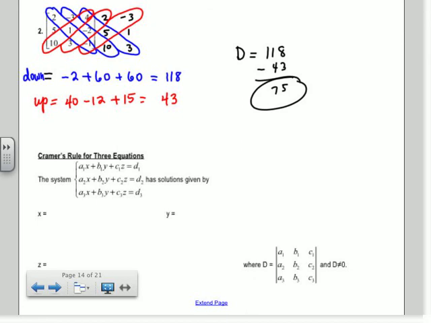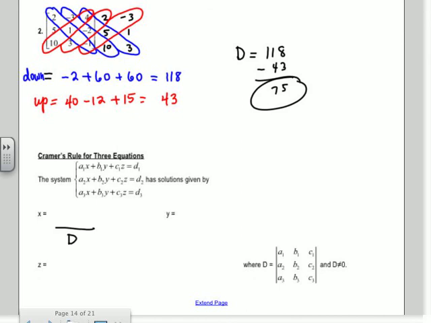Okay, so if you guys are wanting to start your homework tonight, Cramer's rule for 3 equations is just like Cramer's rule for 2. Only now when you do your x, y, and z, it's going to be d1. You're still going to have d1 over d, d2 over d, and d3 over d. But what do you think is going to happen? So in order to find d1, how do you think you find d1?